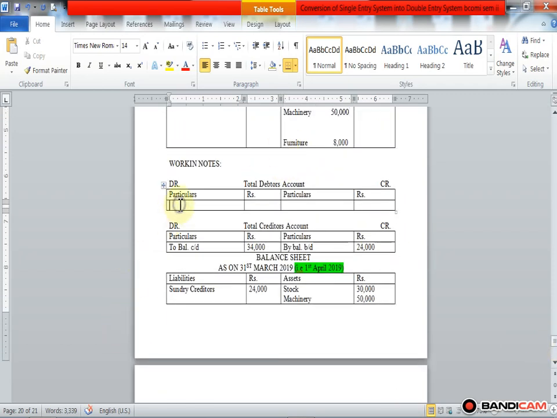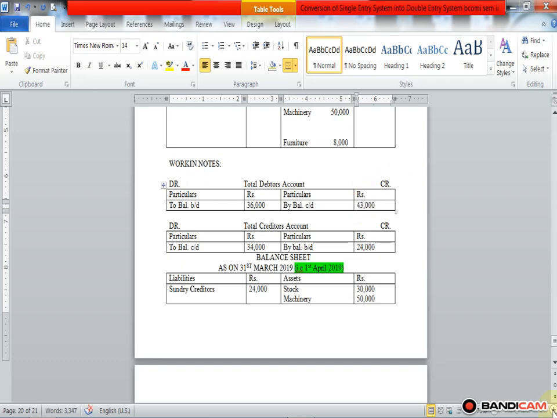Opening balance of debtors is transferred to balance brought down amounted to rupees 36,000, and closing balance by balance carried down amounted to rupees 43,000.